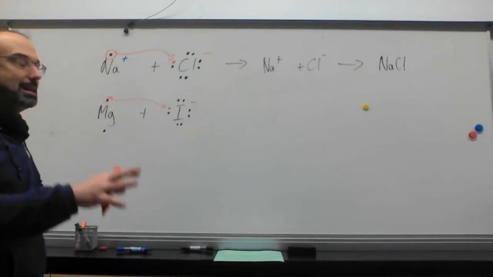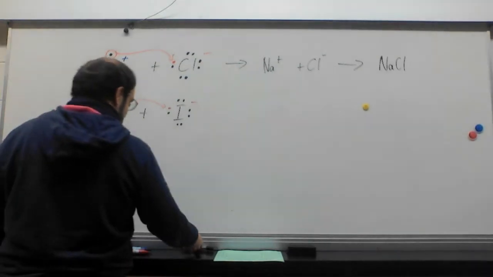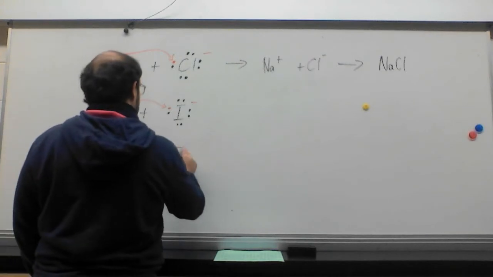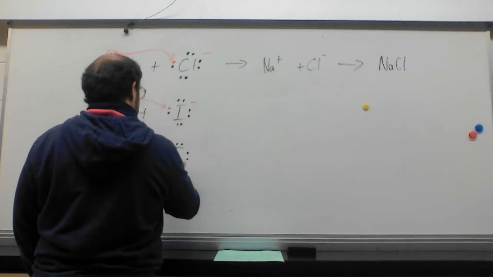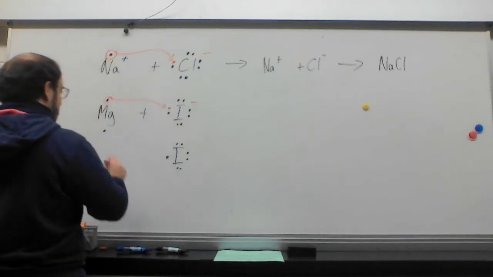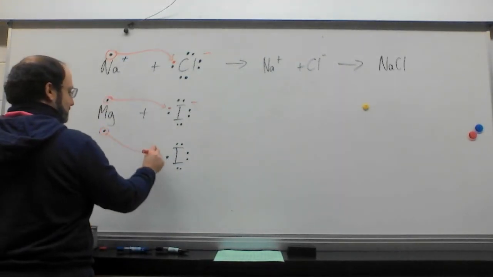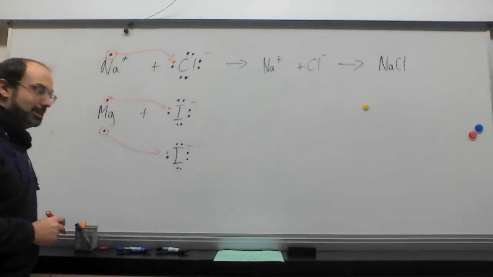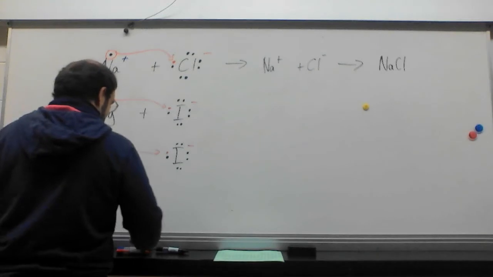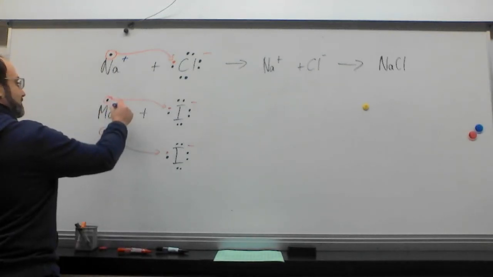Somebody has to take it. So what do they do? They find another iodine somewhere in the room, and they tell the iodine, hey, look, your friend took one, you have one. I brought enough for everyone to share. Now they're both negative, and this guy over here is going to become positive.